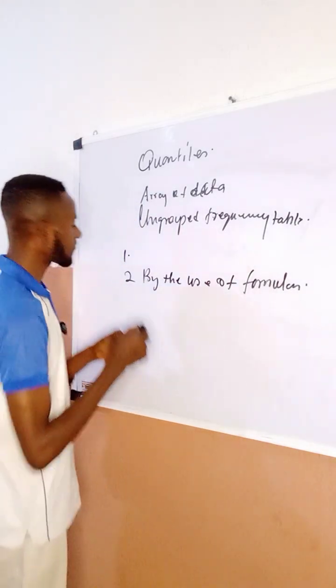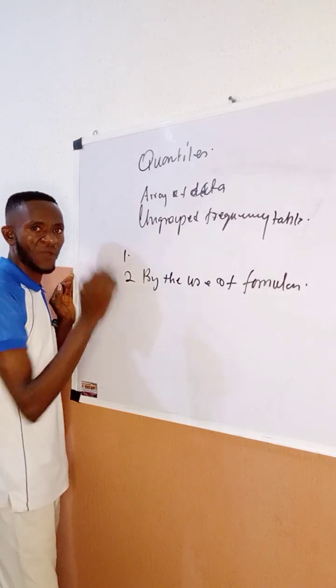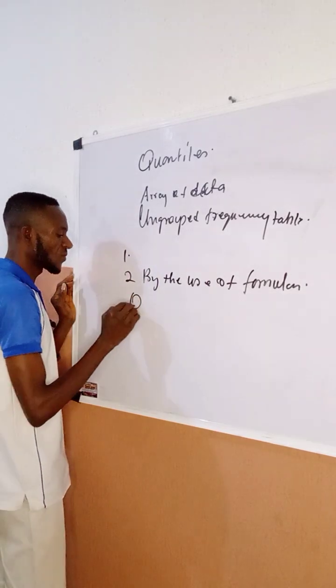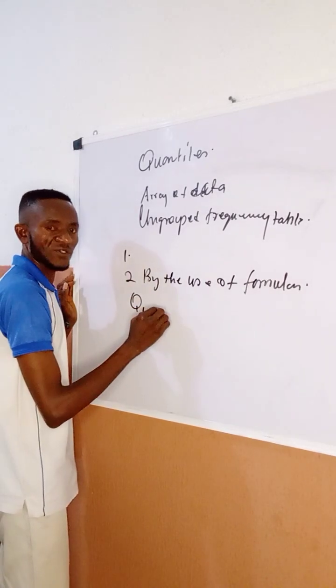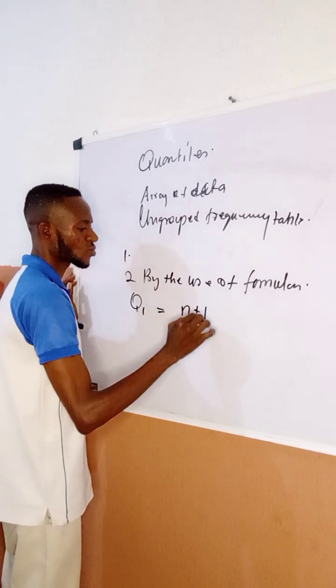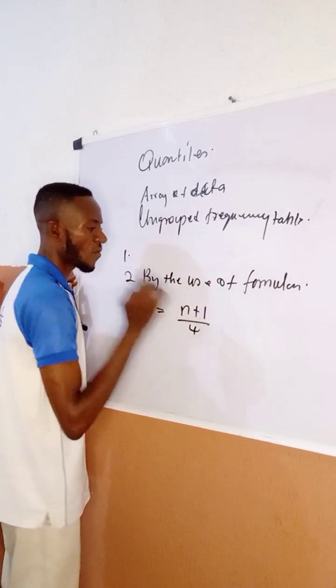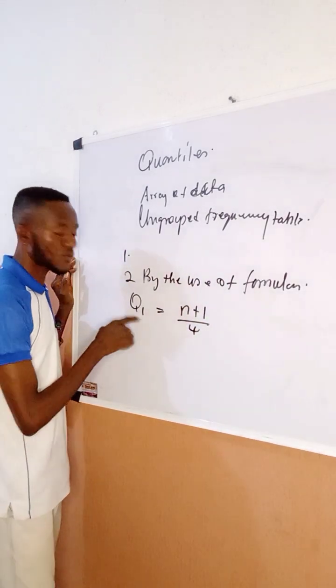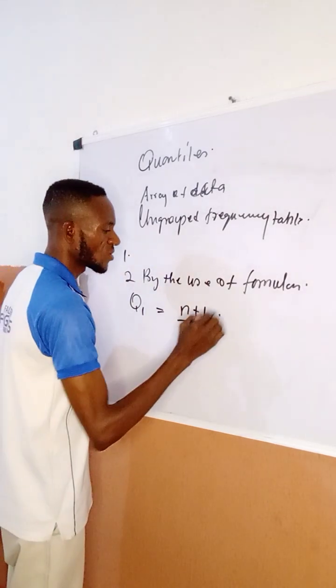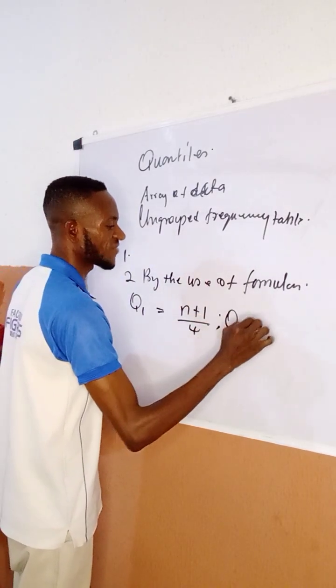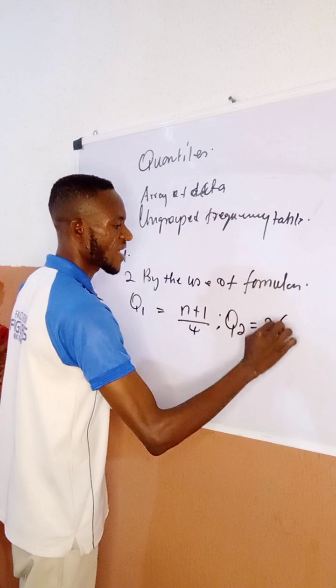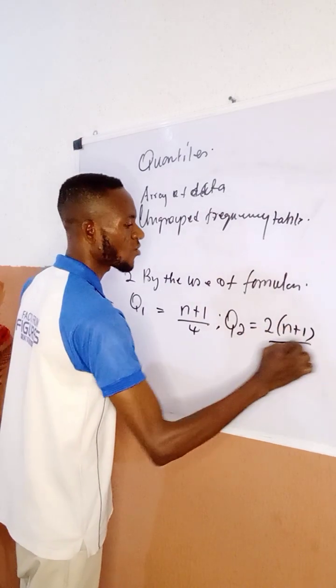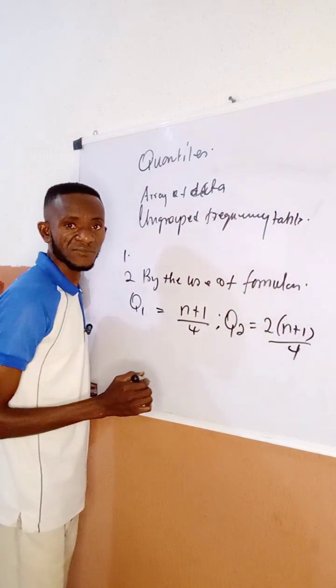We are told that for the first quartile, the formula we are going to use to locate it is Q1 equals N plus 1 all over 4. That is for Q1. Then for Q2, it is given as 2 into N plus 1 all over 4.